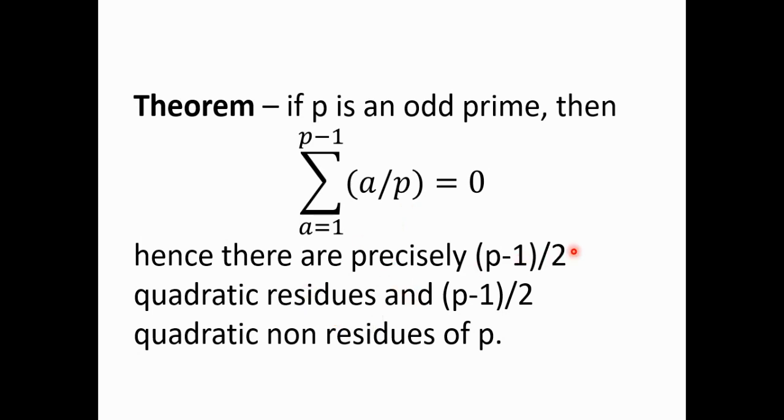So there are precisely (p minus 1) upon 2 quadratic residues and (p minus 1) upon 2 non-residues of p.